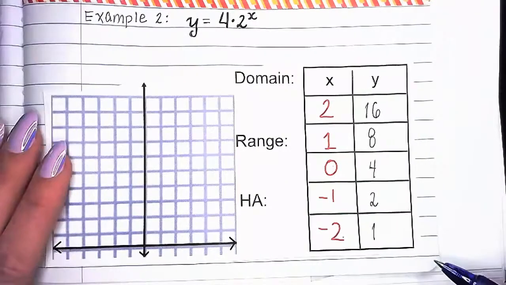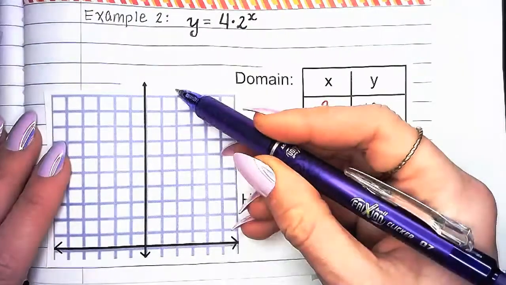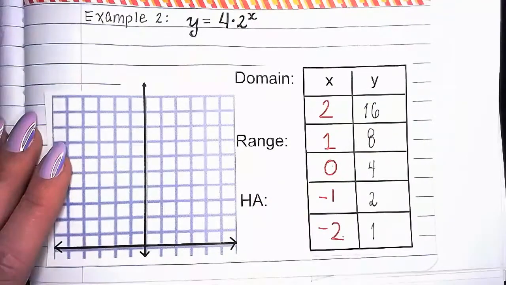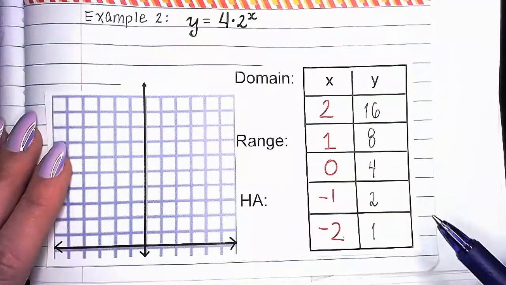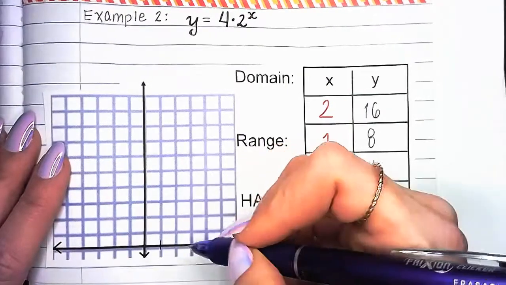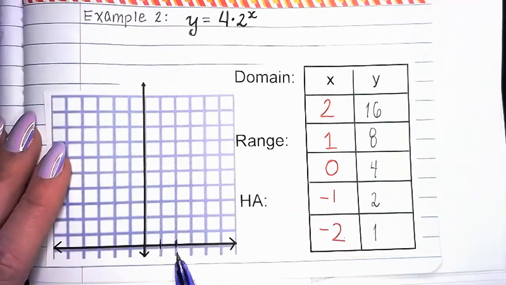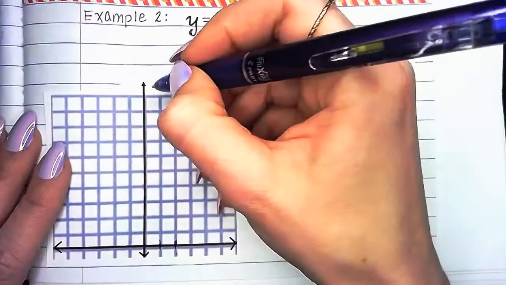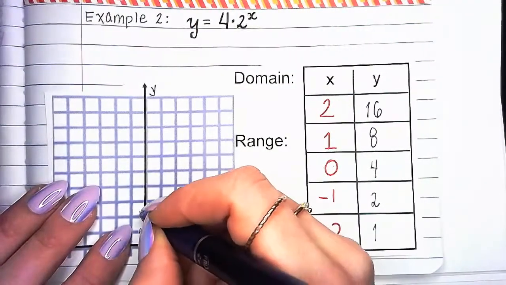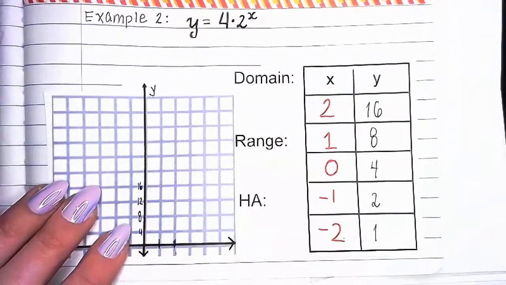Now let's put all of this on our graph. Over 2, up 16. Oh man, it really won't fit up 16. Maybe I should count by a different amount. What if I kept this 1, kept this 2, so that's still 2. But what if I counted by, I don't know, let's say 4s? Then this would be 4, 8, 12, 16.